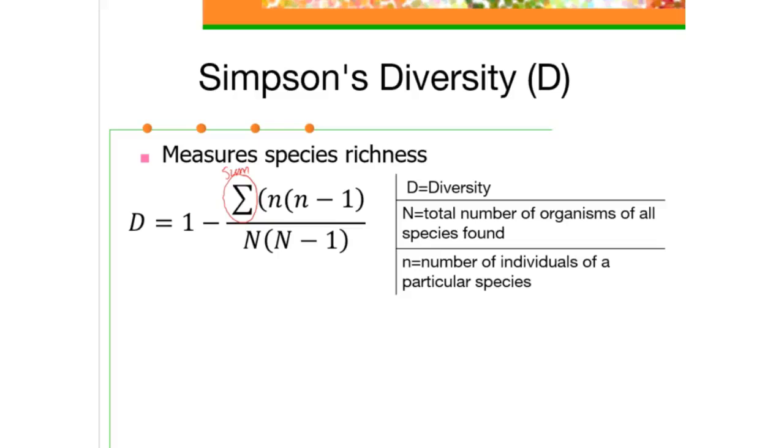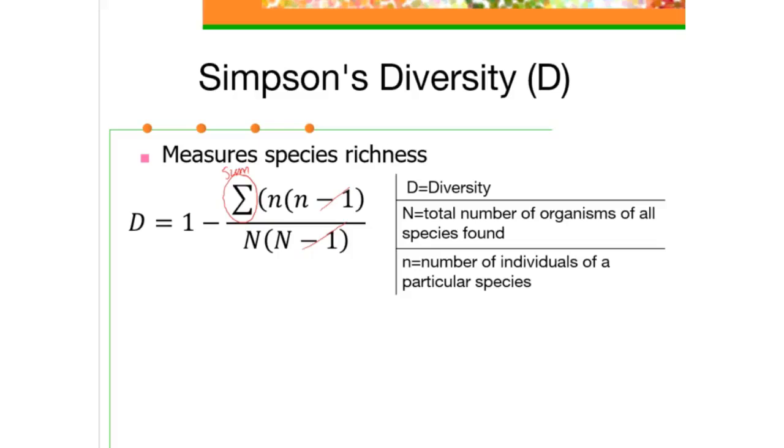So basically you do a count of your crocodiles, a count of your fish, a count of your snakes, and each one of them has a little n value. That's the number of individuals in that species. You square those values. Forget about the -1 for now. You square those values together. So we're going to go over an example of that in just a second.